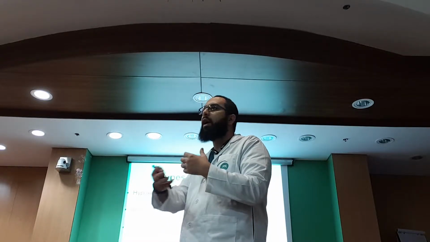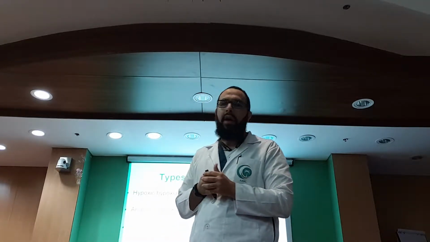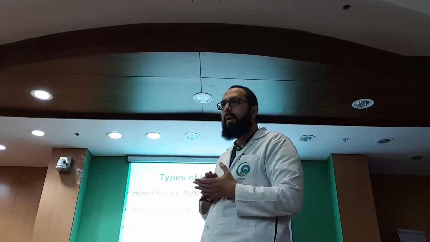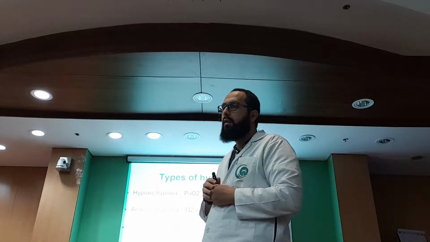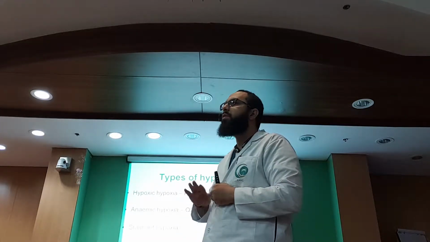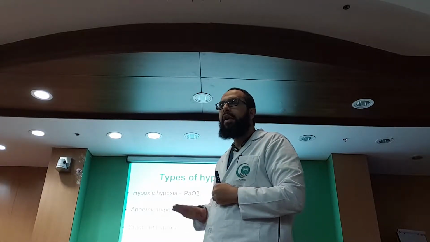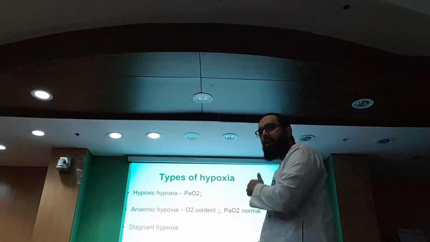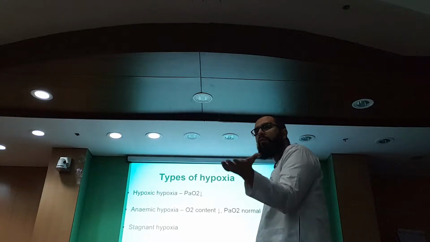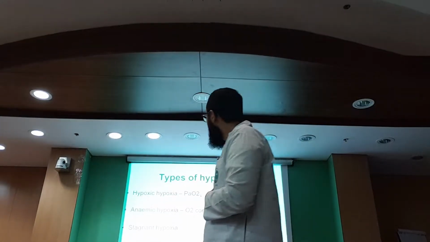So the kidney takes all the oxygen from the blood, and instead of taking 5, it will take 15. Okay? Then until there is no oxygen in that blood, then it will be hypoxia due to stagnation or slow circulation, which probably happens to a hypovolemic patient or hypotensive patient.